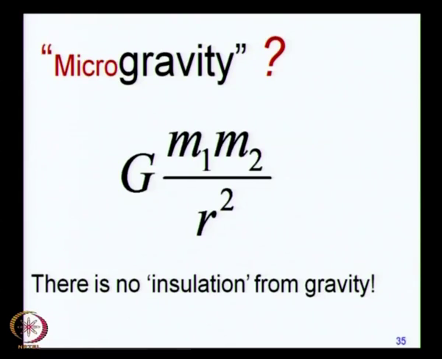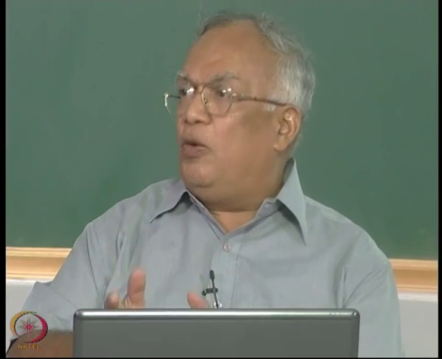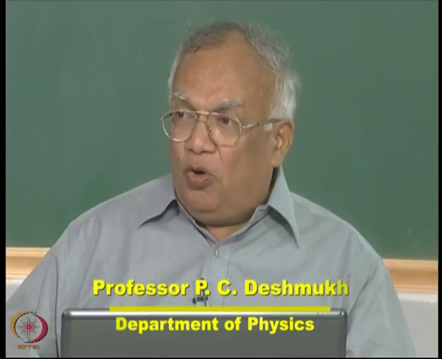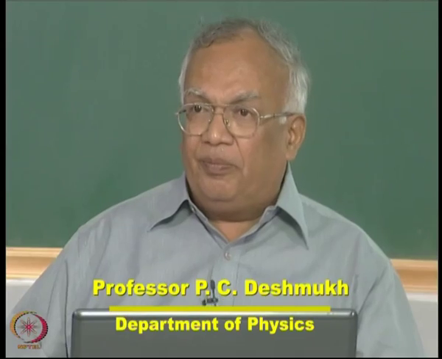You can insulate electromagnetic interactions, for example, you can put insulators, but you can't take two masses and put anything in between and stop these two masses from attracting each other by a force which is exactly always equal to G m1 m2 by r square, no matter what you put or do not put in between them. So, you cannot switch off gravity. So, you cannot really have zero gravity, there is nothing like zero gravity.